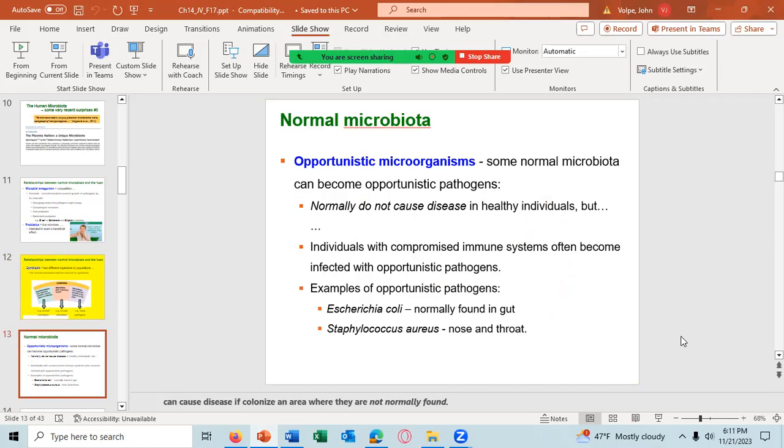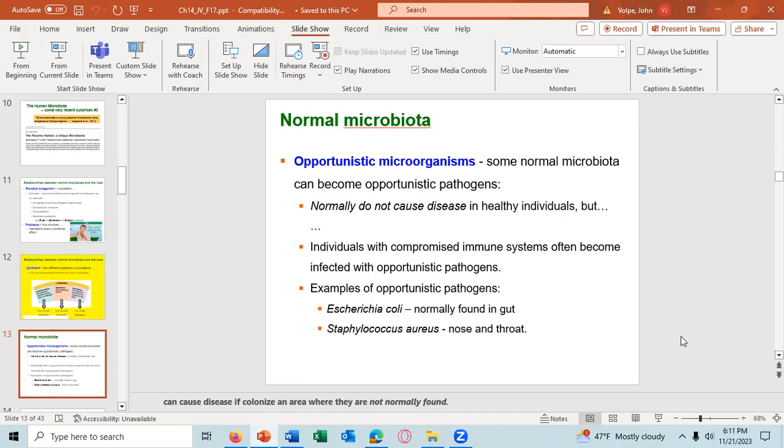All right, the normal microbiota does not normally cause disease, but occasionally it can. In which case, we call it an opportunistic microorganism, where some normal microbiota become pathogenic, meaning they grow and cause disease in the patient.